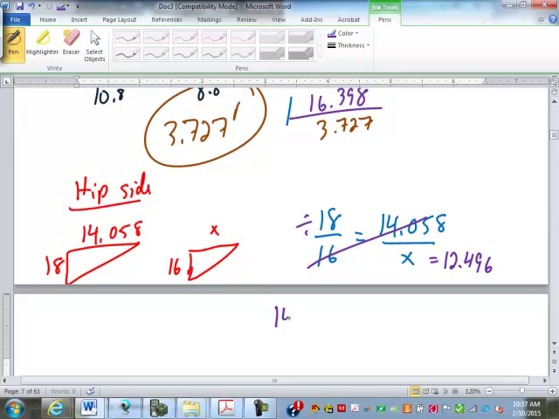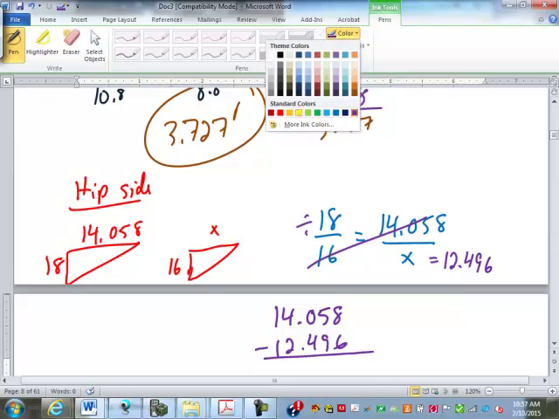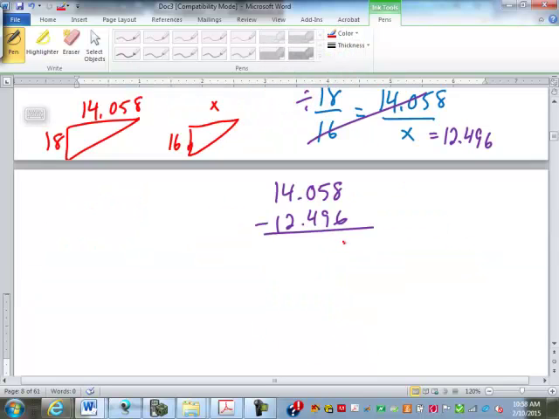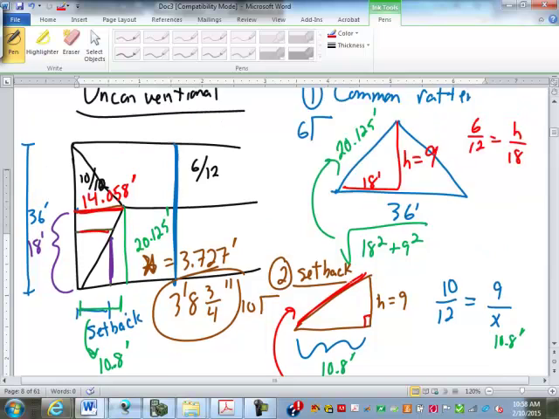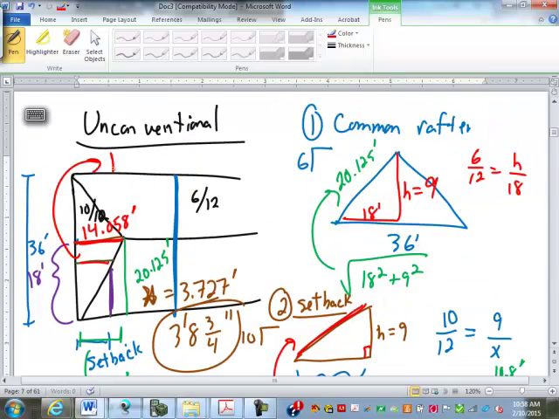So we're going to subtract 14.058 minus 12.496. We get 1.562. So on the hip roof side, it is 1.562, or 1 foot.